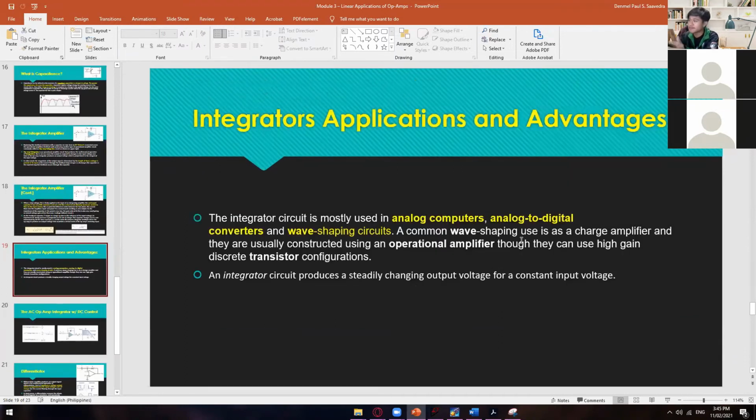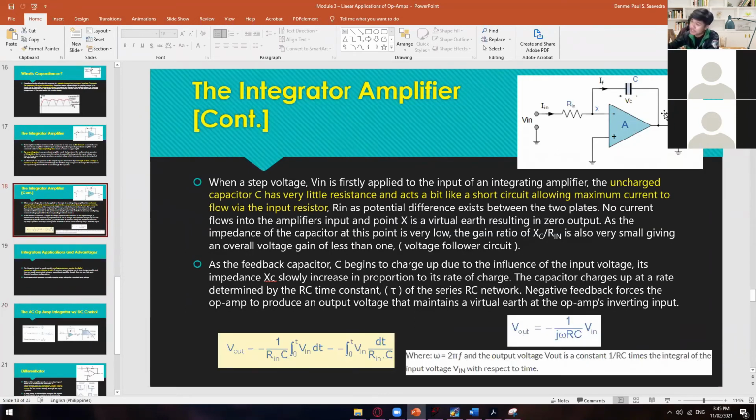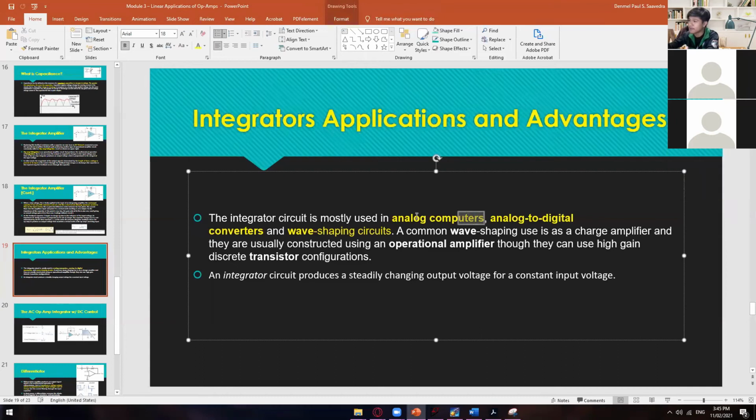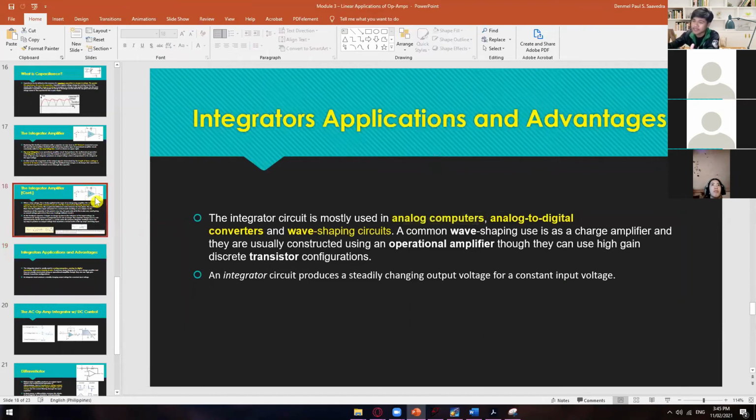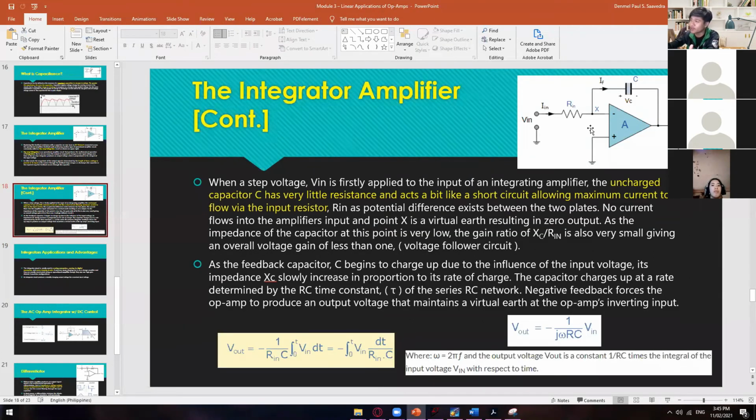So here are some applications and advantages of an integrator. The main use of an integrator with this circuit is with analog computers, analog digital converters, and wave shaping circuits. I cannot show examples of analog computers to you since we don't have a system wherein we're going to need an integrator circuit and show the output on the computer.